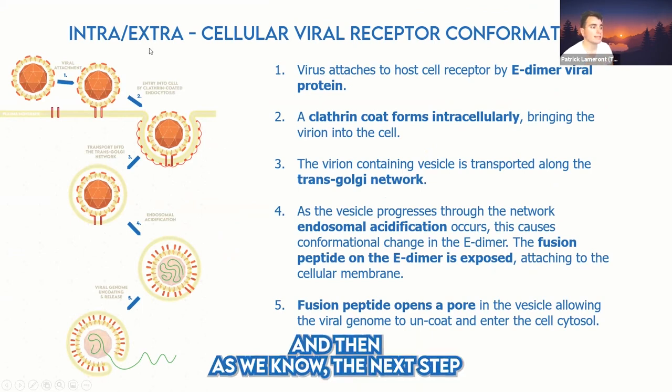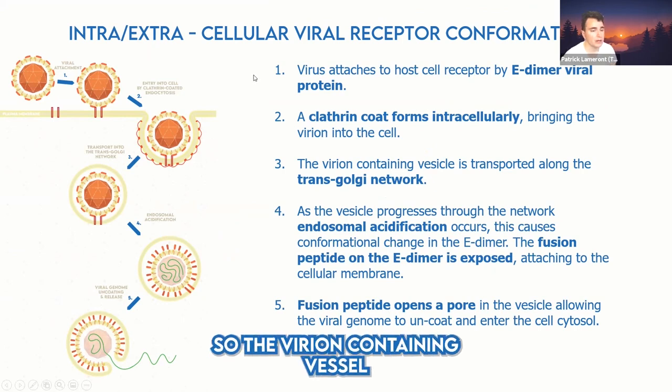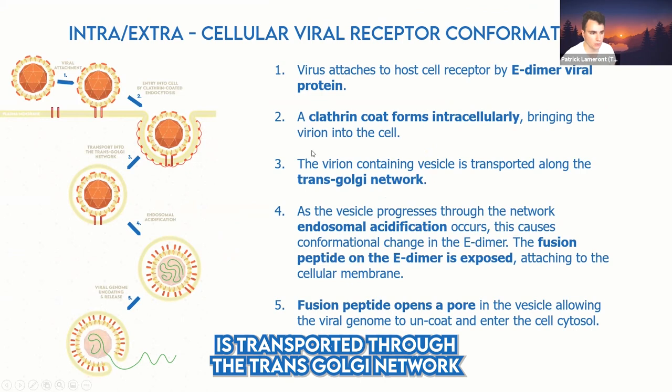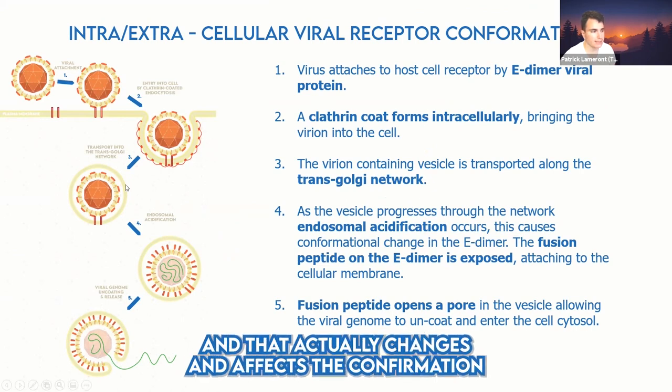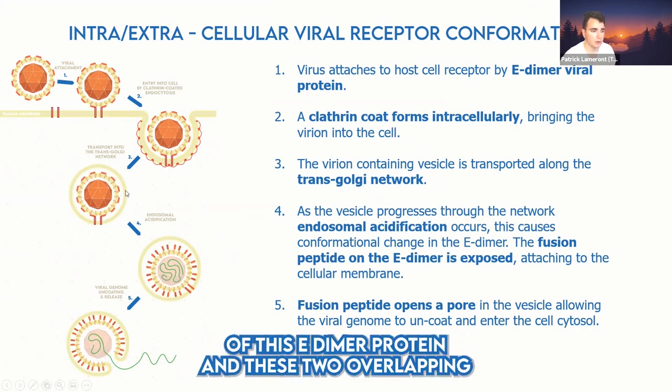And then as we know, the next step after that is going to be uncoating. So the virion-containing vesicle is transported through the trans-Golgi network. As it does that, endosomal acidification occurs, and that affects the conformation of this E dimer protein.